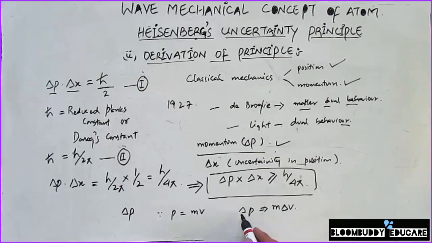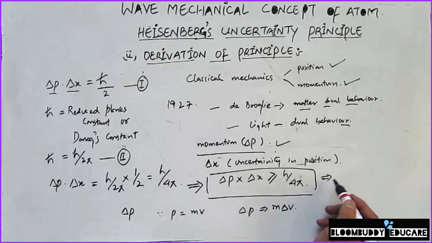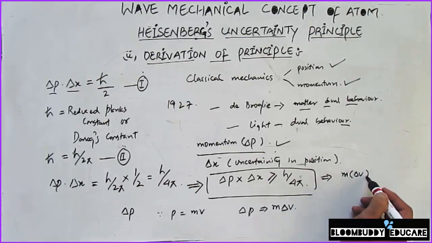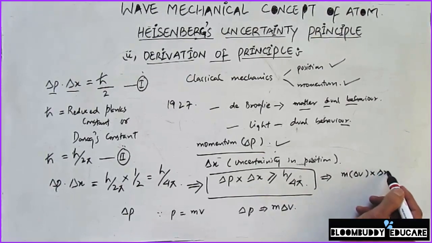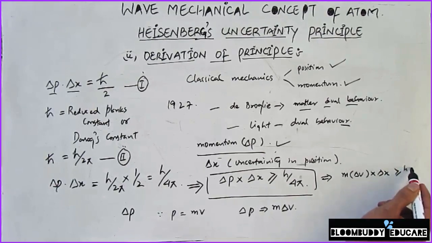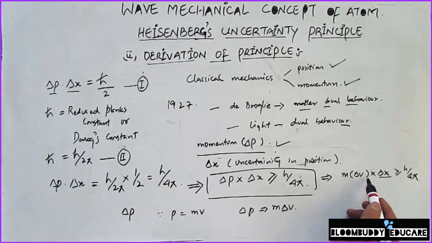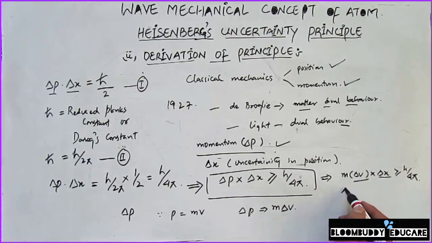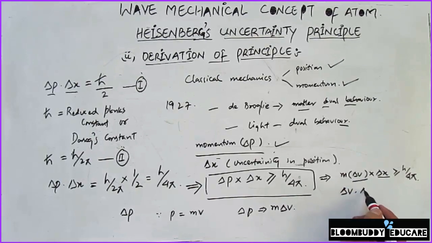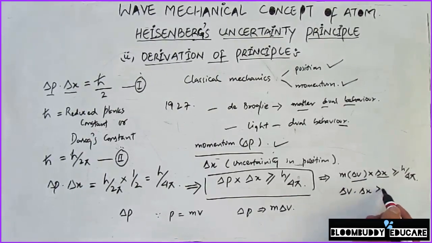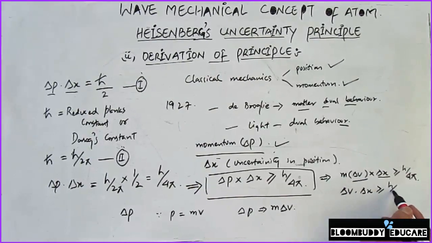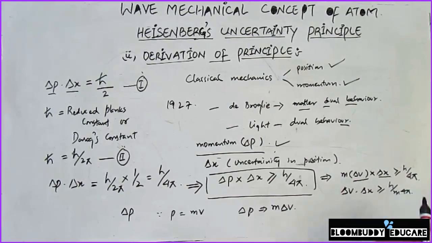Upon substituting the value of delta p in this equation, we get m delta v multiplied by delta x is greater than or equal to h by 4 pi. Or in other words, if we put the uncertainties on one side, delta v into delta x is greater than or equal to h by 4 pi m.